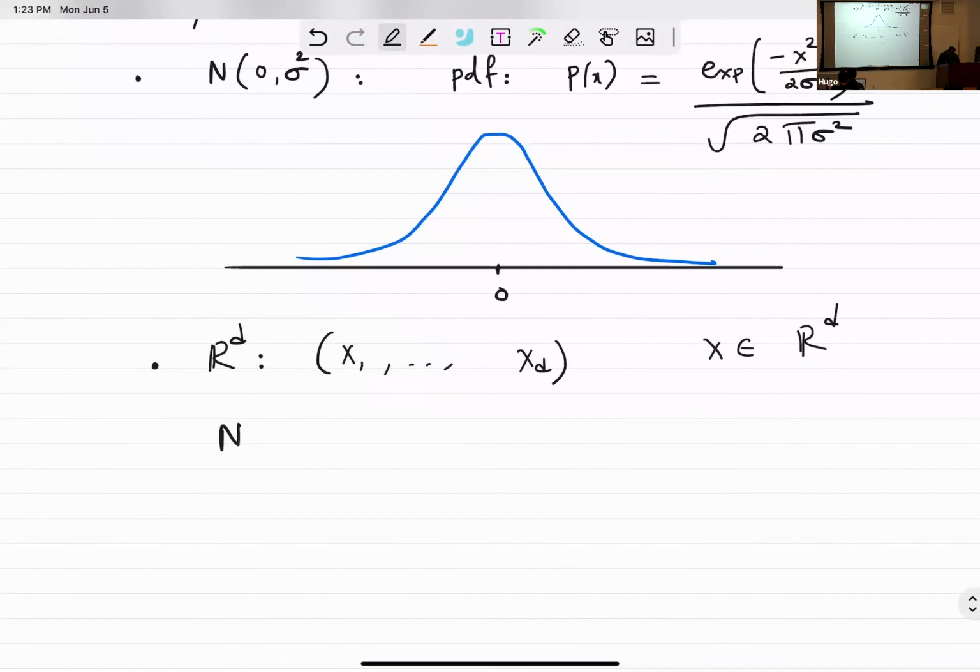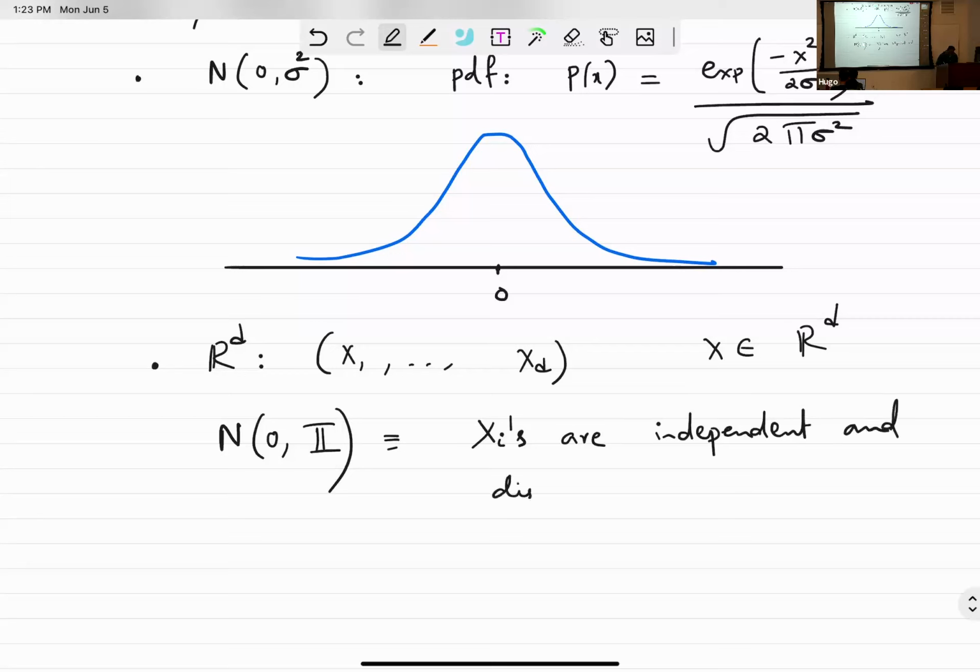So that is denoted N(0, identity). Identity just means that the coordinates are independent and distributed as N(0, 1).